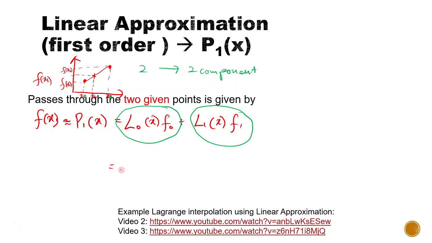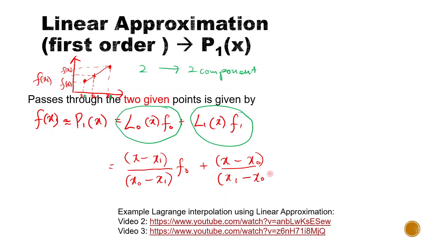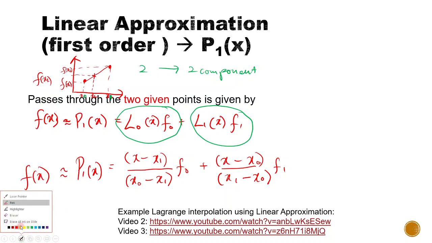At the first point, L is equal to the value of x that we want to look for minus x1, divided by x0 minus x1, times f0, plus x that we want to look for minus x0 divided by x1 minus x0, times f1. Okay, so this is for the p(x), or f(x), the f(x) that we want to find.